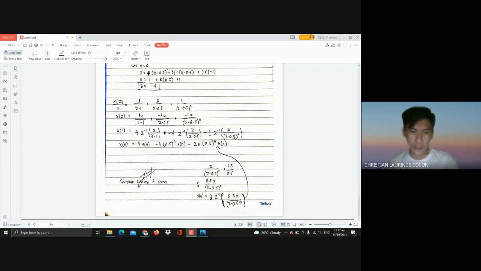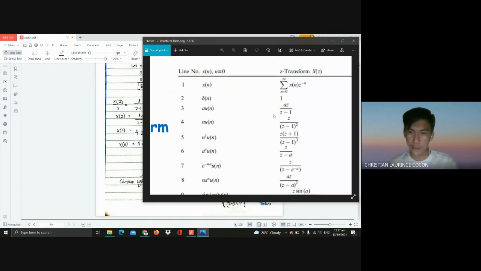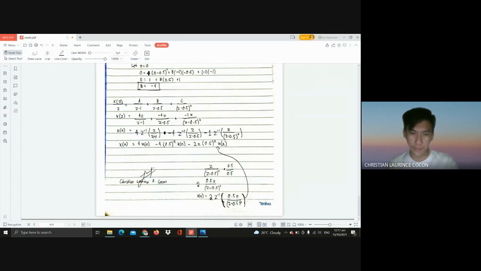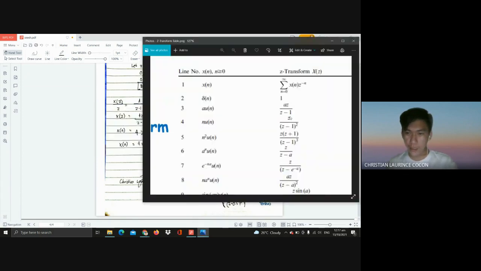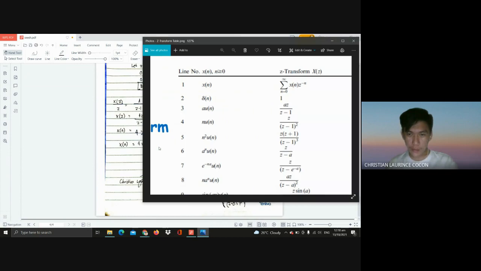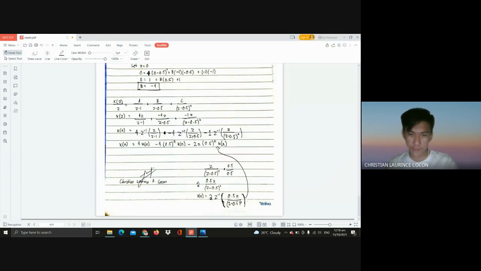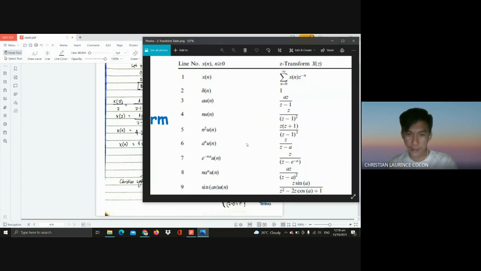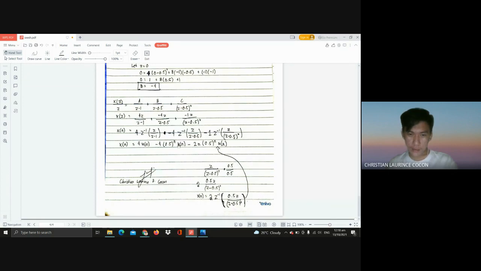For this one, the similar form is z over z minus a, where a here is 1, with the constant 4. So we get 4 times 1 to the n, u of n, minus the next term, z over z minus 0.5. So the value of a here is 0.5.